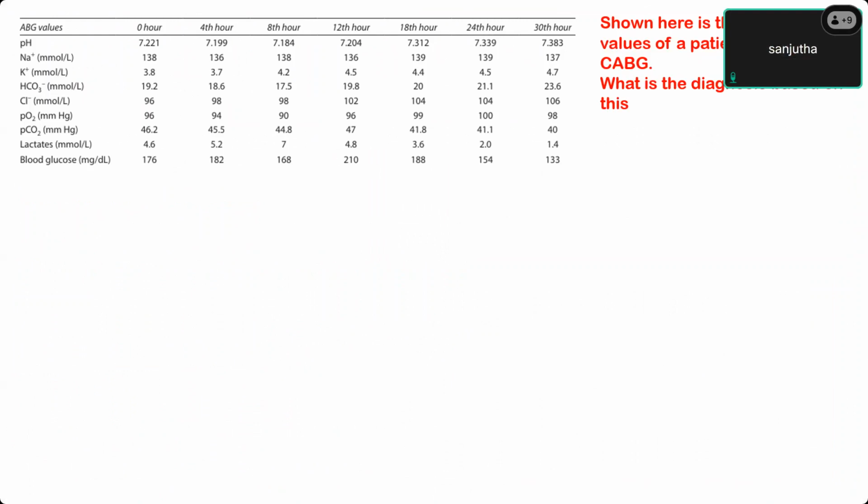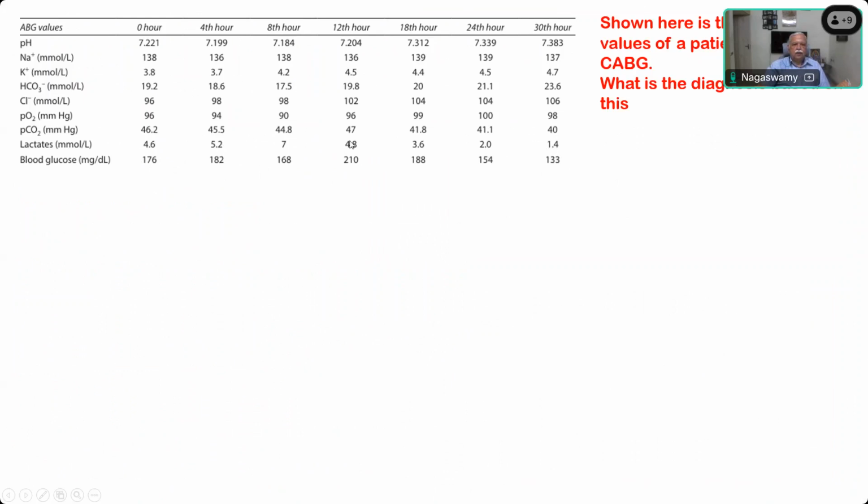Initially it was high, sir. At 0 hours, it is only 176. And it has gone to 210 only at the 12th hour and again come to 133. So more or less acceptable value. Less than 200, you can say it is not very severe hyperglycemia. But lactate levels are quite high, isn't it? Comes back to 1.4 at the late level.